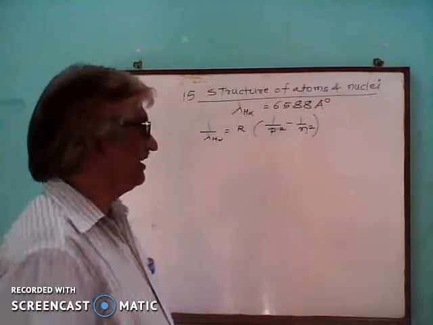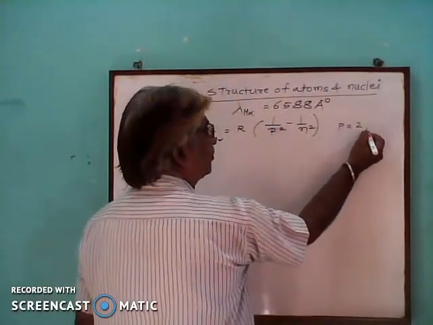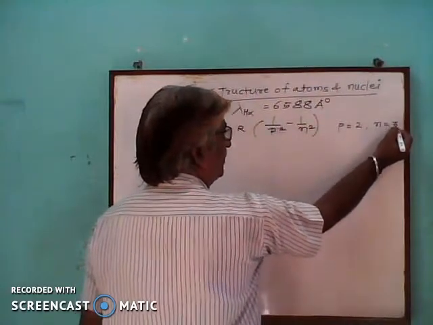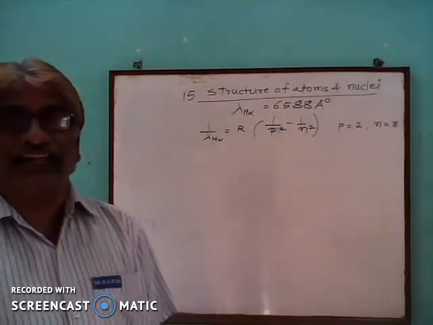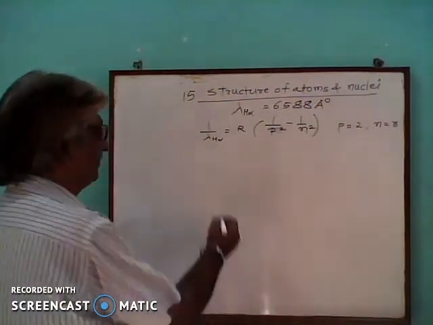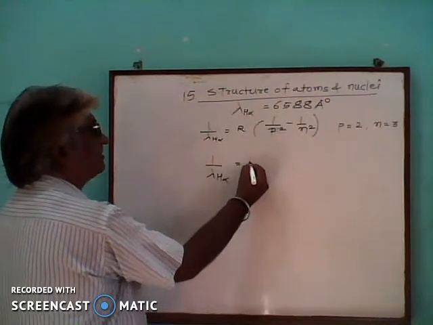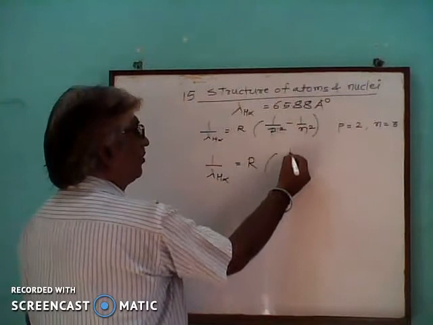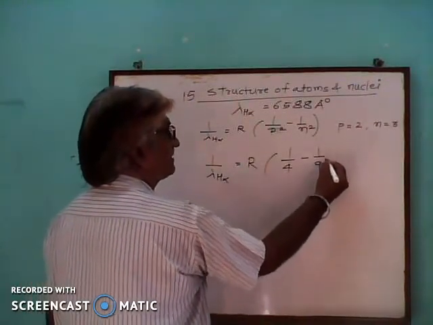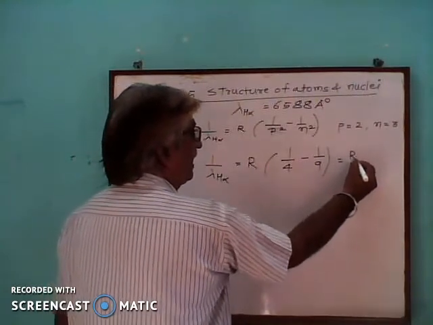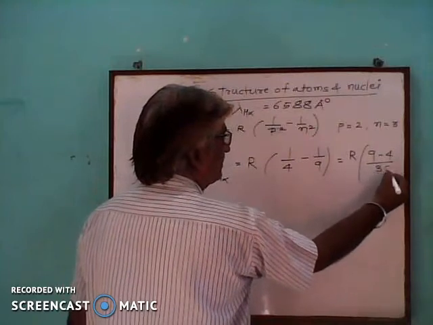For Balmer series, in first line, take P equal to 2 and N equal to 3. Then 1 upon lambda H alpha is equal to R in bracket 1 upon 2 square is 4 minus 3 square is 9, which is R in bracket 9 minus 4 upon 36.